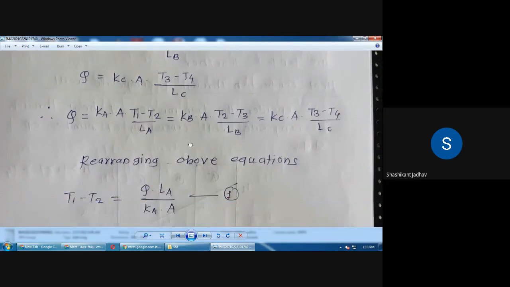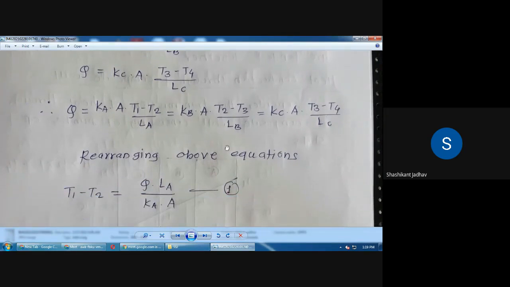Okay, then we have to rearrange the above equations. So whatever the equation we have written for the layer A, rewrite that equation.